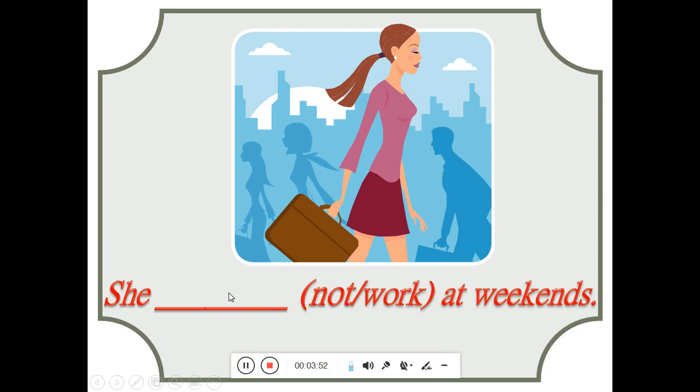First, we remember that we use I don't work, you don't work, he doesn't work, she doesn't work, it doesn't work. So not means doesn't. And work doesn't take the S because we have doesn't. Excellent. So notice here we have doesn't and we don't have the S here because the S goes to don't, becomes doesn't.